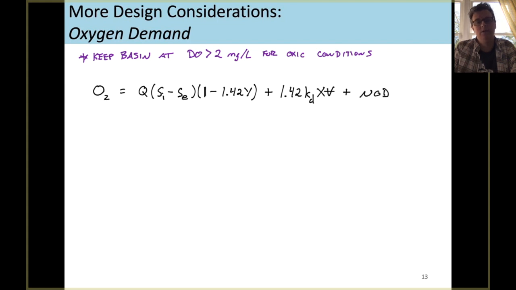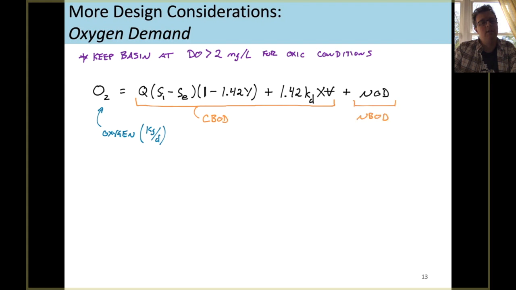And this is an equation that comes out of our textbook, although we could work our way there stoichiometrically if we wanted to. But this describes to us the amount of oxygen we need to provide as a function of what we know about the carbonaceous BOD and the nitrogenous BOD in our system.